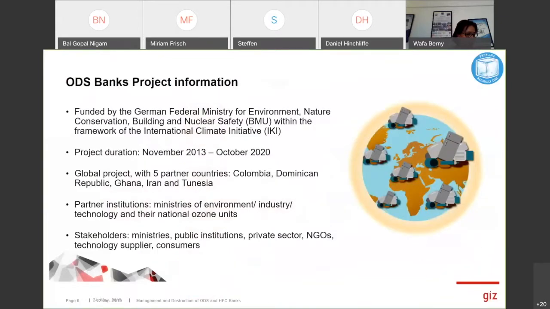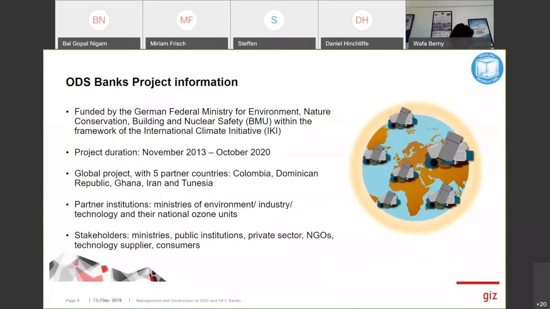So this was one set of products of our ODS Banks project, and on this slide you can see some general information on the project. We work on behalf of the German Environment Ministry within the framework of the International Climate Initiative, and we have been working since November 2013 on this topic with five partner countries.